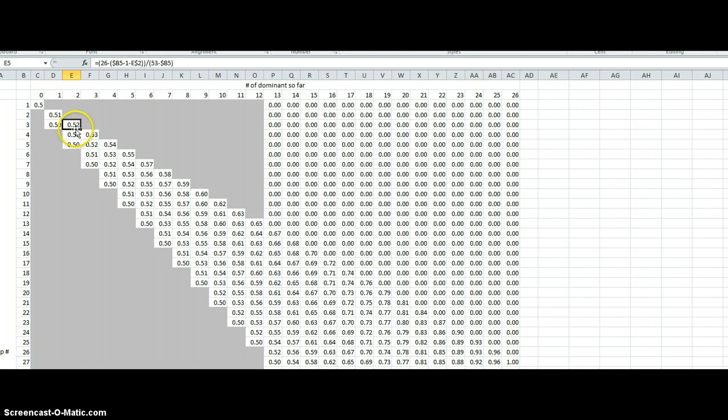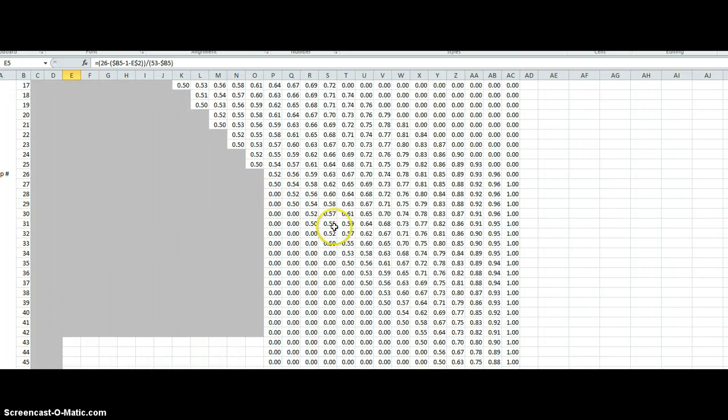That's a better situation for me because it means I'm even more likely to get the third one right if I guess the non-dominant color. If 2 reds have been flipped and I guess black, I'm 52% likely to get that. So we go on through this. Notice that it does widen for a bit, and then towards the end it comes back a little bit.